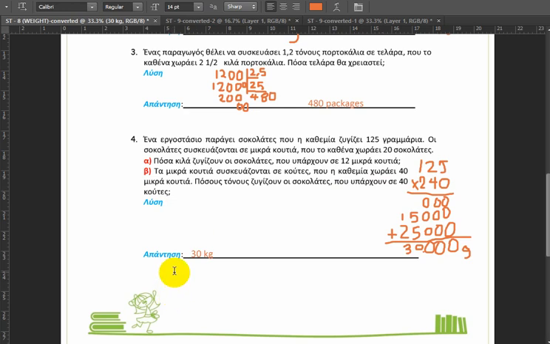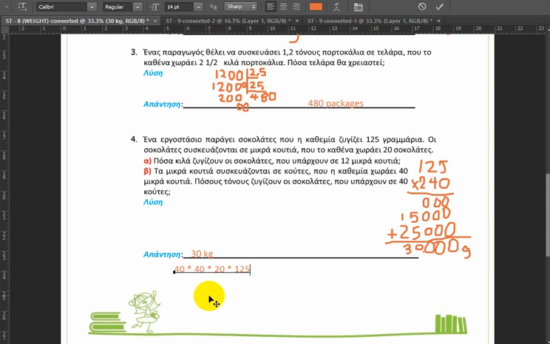So that means that I have to do 40, which is the amount of boxes, times 40, which is the amount of little boxes that each big box can fit, times 20, which is the amount of chocolates that each little box can fit, times 125.